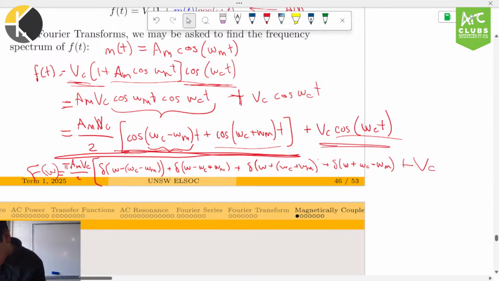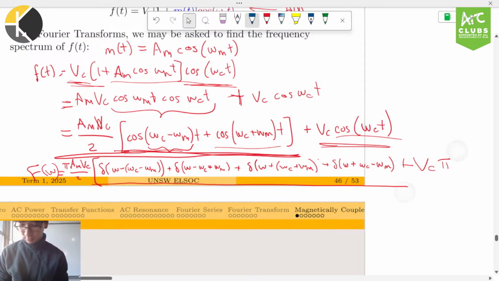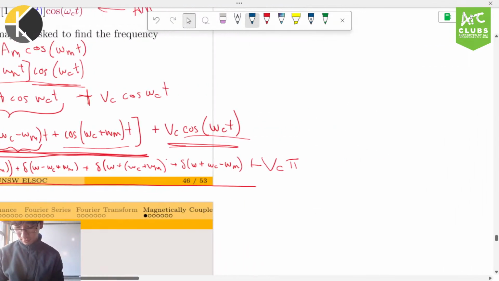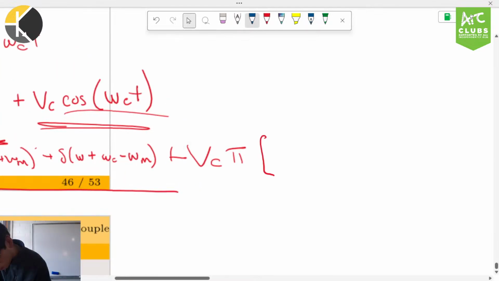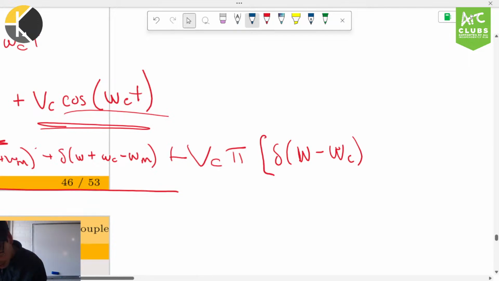So this is Vc pi delta omega minus omega c, because this here is our omega naught in this case, plus delta omega plus omega c.